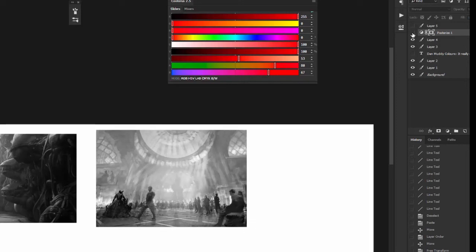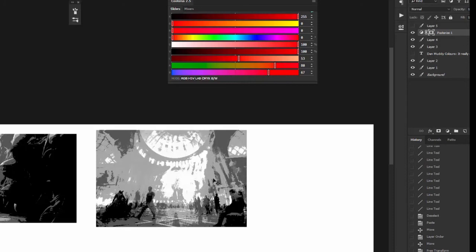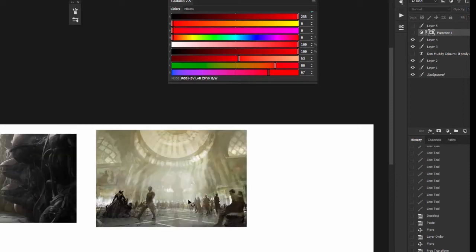If we reduce it with posterize to 4 values, you can see the top part is light, the bottom part is mid, and the foreground is dark. But all the figures stick out because their values are slightly darker than the background, which makes the images pop, and they're all grouped, which is how they connect, which simplifies the image and makes it read nicer.